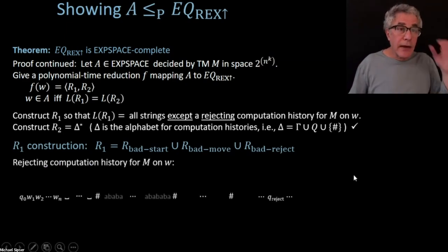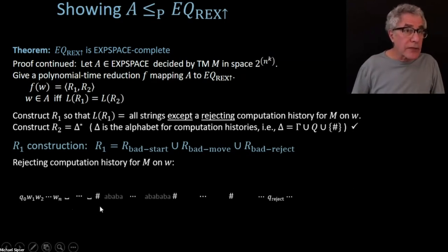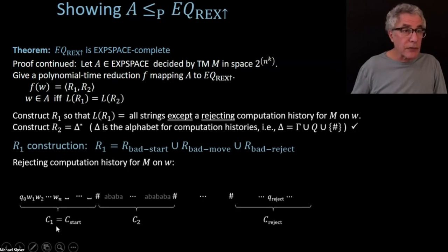Okay, so a rejecting computation history looks something like this. Here's the start configuration as we usually envision it. It's a start state looking at the first symbol of the input, and there's the rest of the input. So let me just write this out. This is a rejecting computation history now.